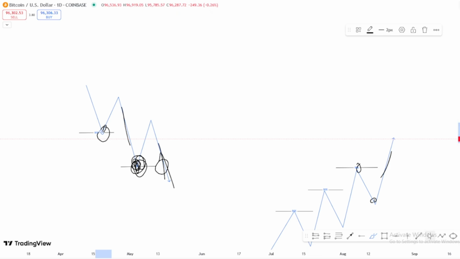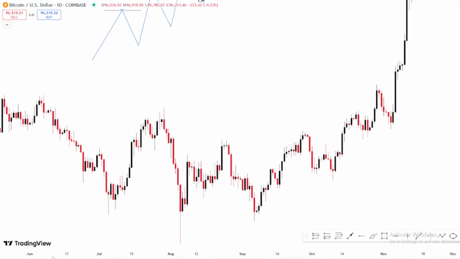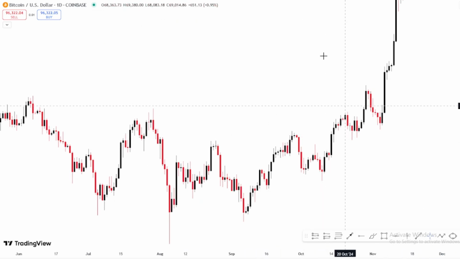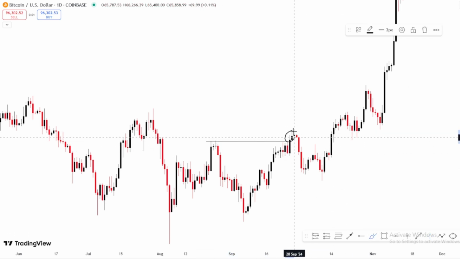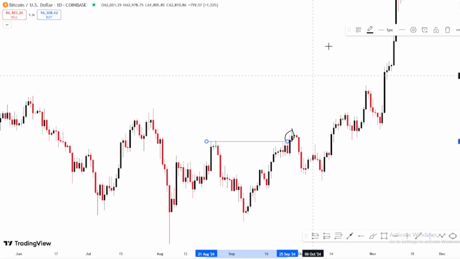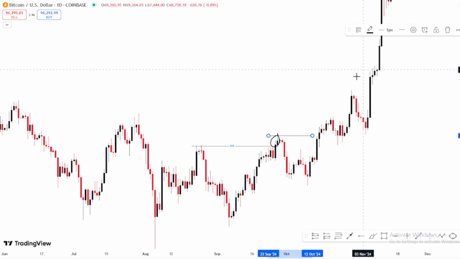So let's go to the charts and let me show you how to identify a valid BOS. We're looking at the action of price right here. This area can be considered a valid BOS because the body of the candle closes above this previous high. This side too can also be considered a valid break of structure.